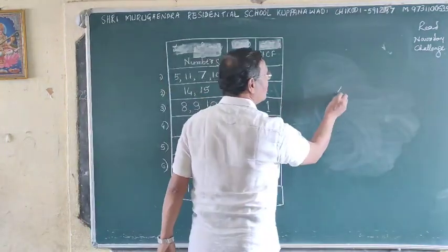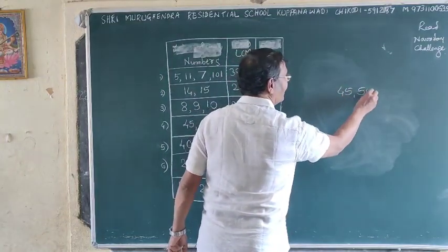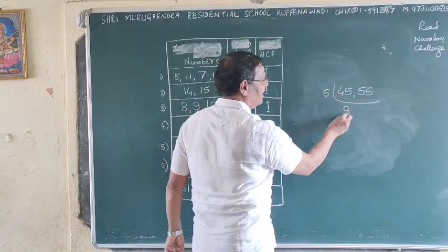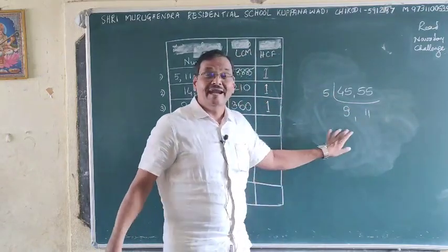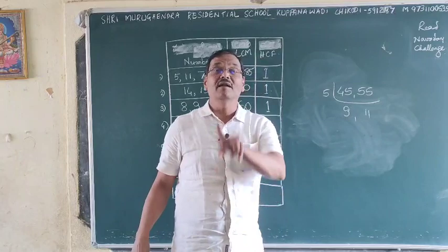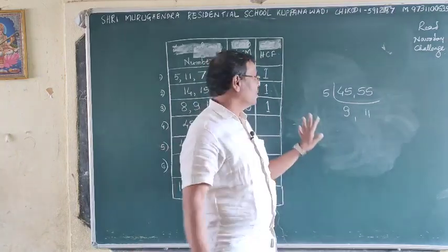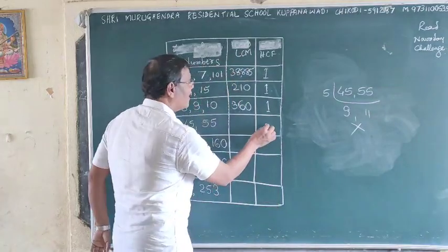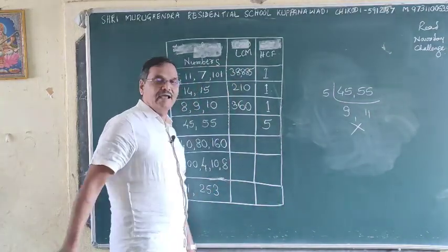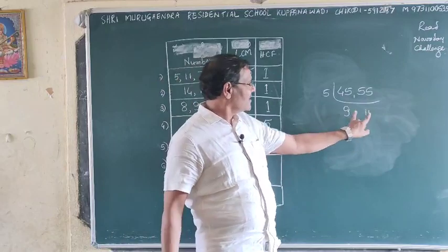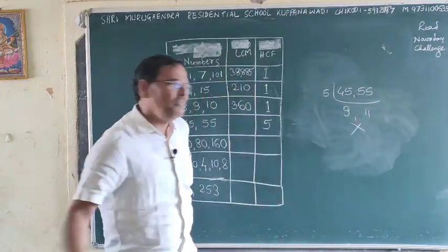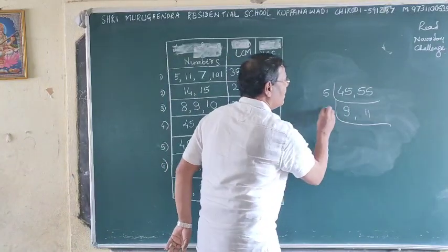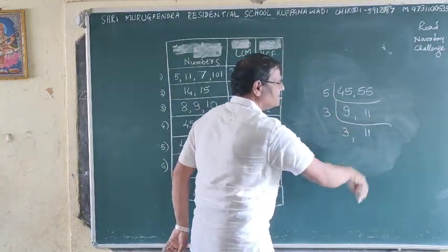So we can divide 45 and 55 by 5: 5 9s are 45, 5 11s are 55. 9 and 11 are co-prime numbers, so this is danger if you go further. So 5 is the HCF, and for LCM, when these are common, another number you can extend if prime numbers are required. Okay, 3 3s are 11 same.